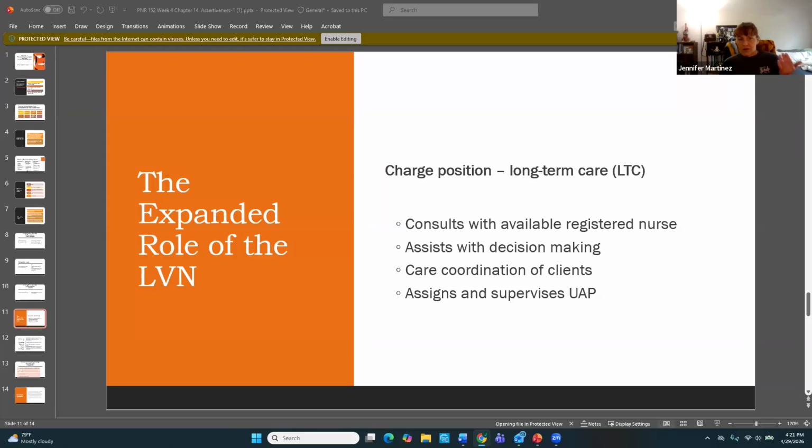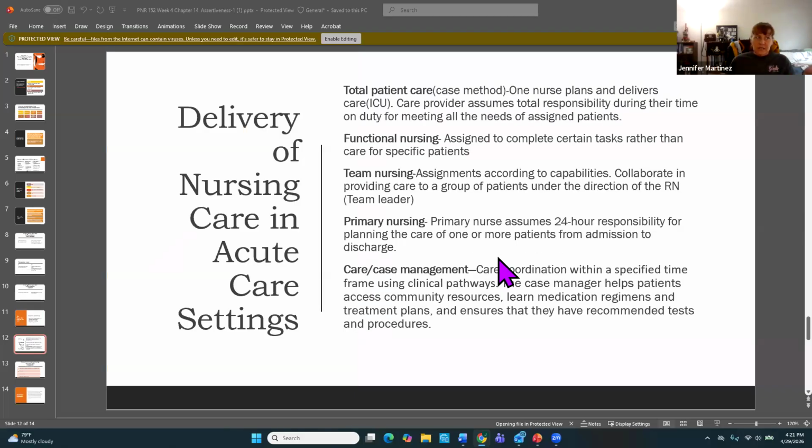Usually the RN will be the director of nursing, and there may be other RNs employed within the facility. But you assist with decision making, care coordination, as well as the assignment and supervision of your UAPs, which are your CNAs most of the time.